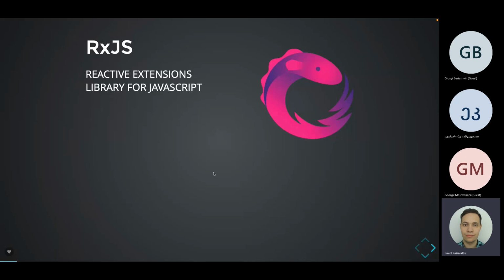This is the library which implements the reactive programming paradigm. Actually, reactive programming is all about data streams and reacting to data changes. And if you're curious about what the changes are, they could be any. Let's say you subscribed to weather changes.